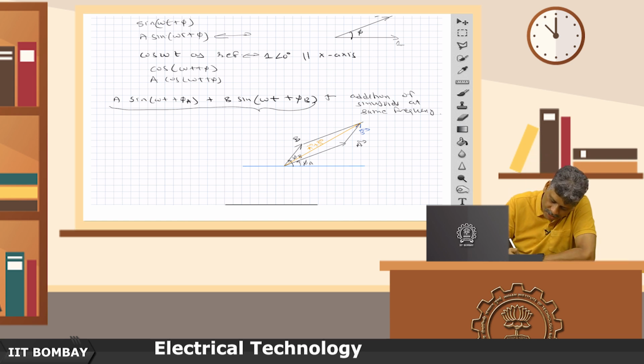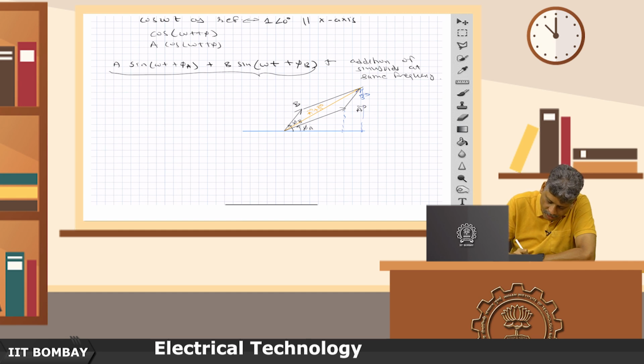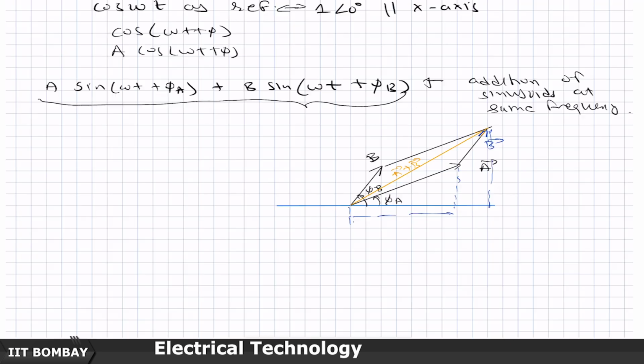Also, we discussed that day that this is the same as first taking the projections on the x and y axes. First project a onto the y axis. So this becomes a sine phi a. Now project this b vector: b sine phi b.